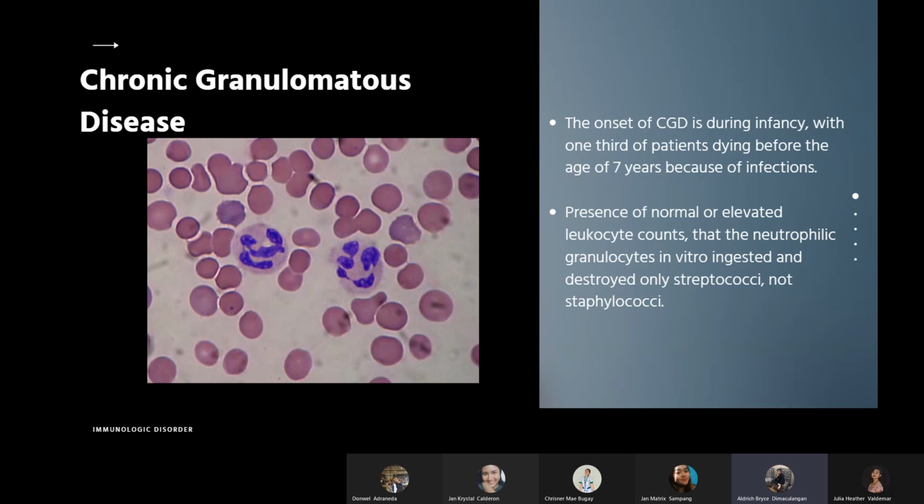Kaya dyan parang sa example ko, pag nakita nyo dyan sa picture ay meron na agad dalawang neutrophils na nagpe-present ng pus features sa loob, kaya hindi agad siya na-eliminate, which is dapat kailangan ina-eliminate siya ng katawan natin. Yun yung nagiging chronic granulomatous disease natin sa katawan. Naiipon yung pus sa loob ng WBC.